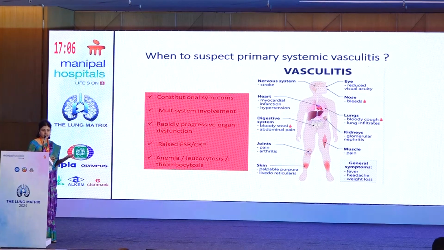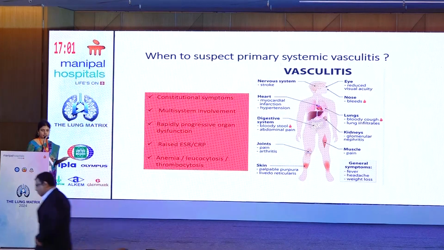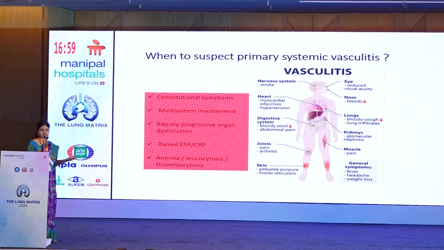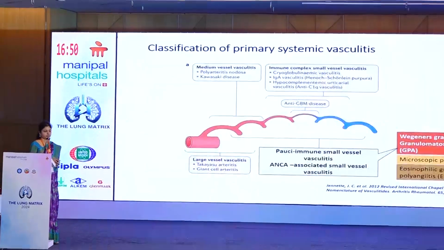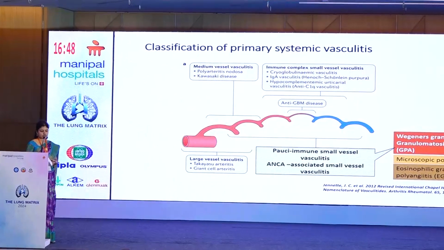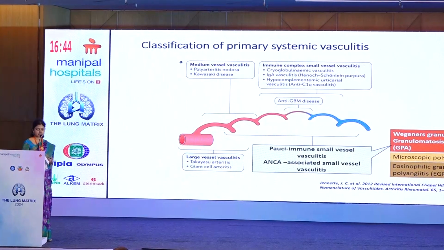Till now we have heard about the connective tissue disorders, that is CTDs, where we see leukopenia and cytopenias, whereas in primary vasculitis, it will move to leukocytosis and thrombocytosis.